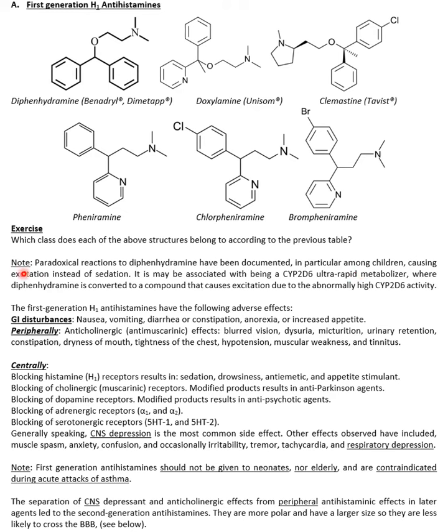Anytime we say paradoxical reaction, it means you have a paradox, which means that the effect of the drug is the opposite of the expected. So the diphenhydramine is expected to give sedation, but it was documented that for some children the diphenhydramine would cause excitation, and the explanation for this is due to the fact that those selected groups, or these children, are considered ultra-rapid metabolizers to the diphenhydramine through an enzyme called CYP2D6.